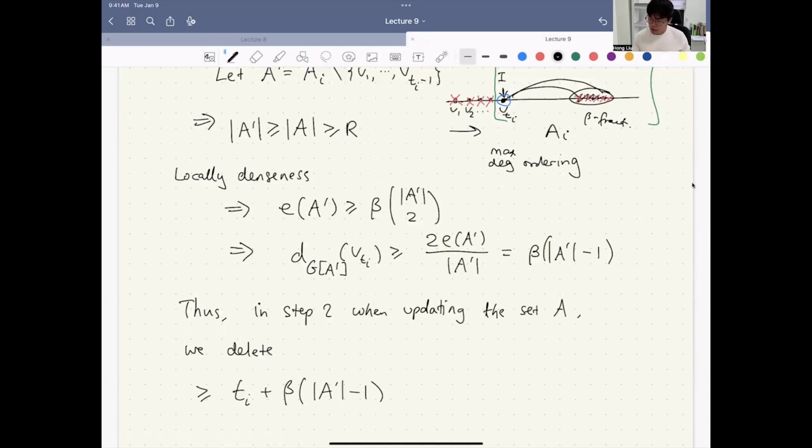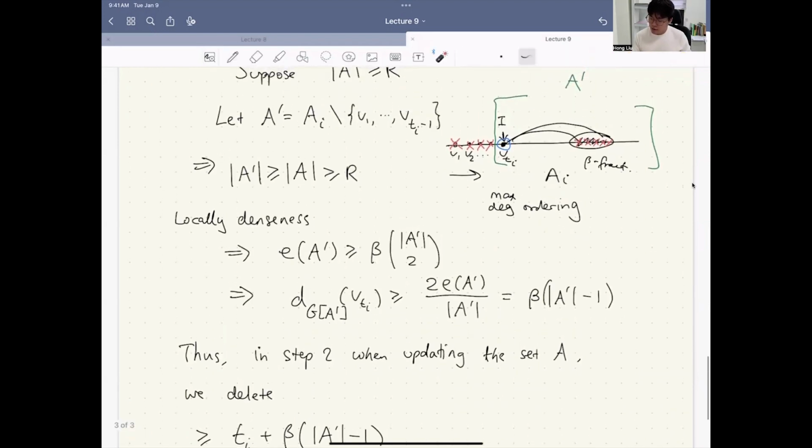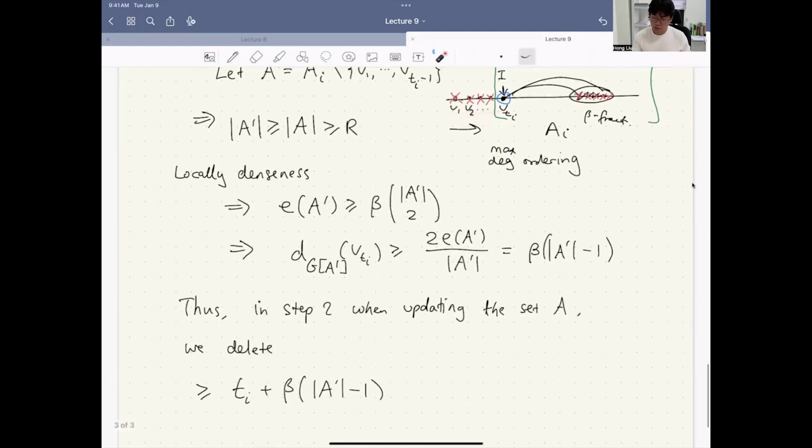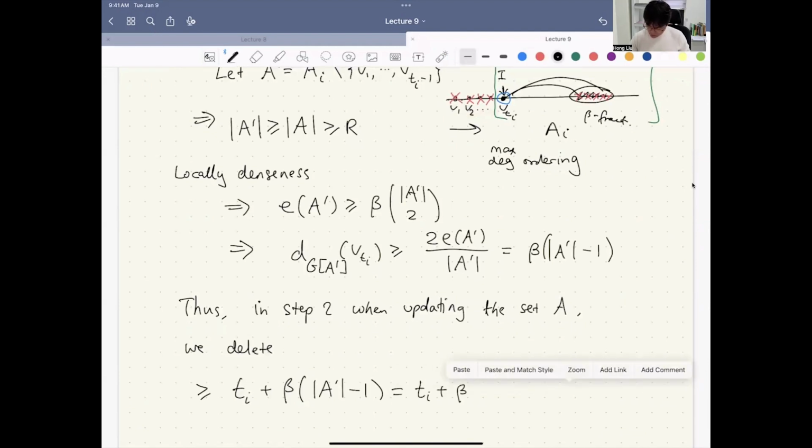A prime has size AI minus TI plus 1, minus 1.